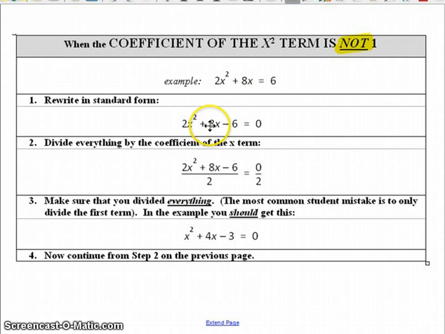Instead of 8x, I've got 4x. Instead of minus 6, I've got minus 3. And 0 divided by 2, after all, is still 0. Now I've got something that I can apply the front side of this guide to. I can essentially walk it through from step 2 just like I had on the previous page.